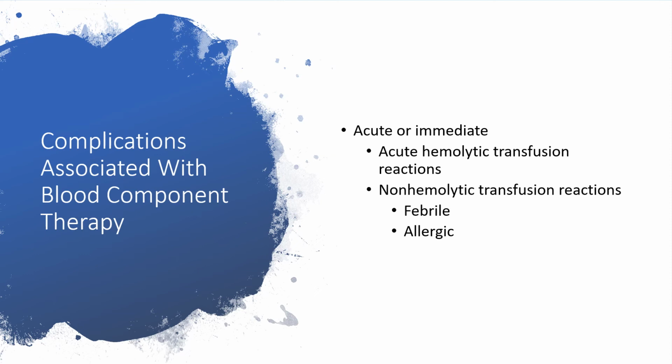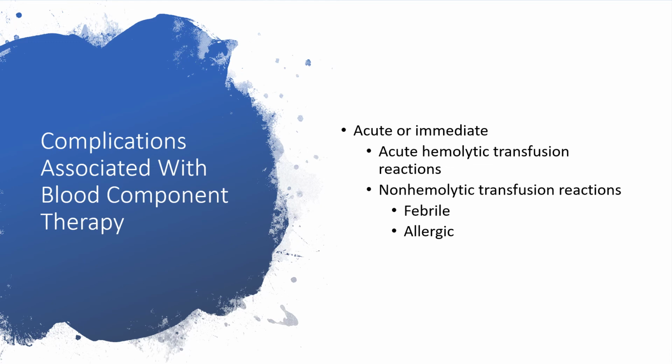The reaction occurs when the red blood cells given during a transfusion are destroyed by the person's immune system, and this process is called hemolysis. So if a person receives blood that is not compatible with their own blood, the body will produce antibodies to destroy the donor's blood cells, causing hemolysis.